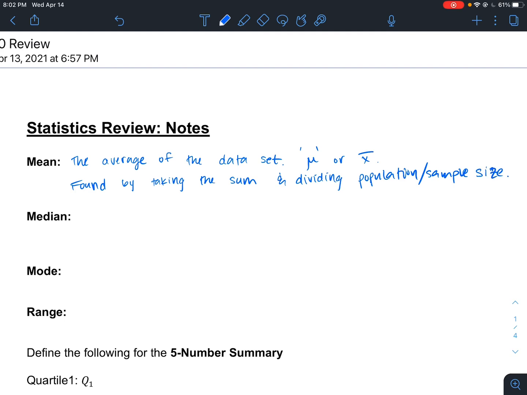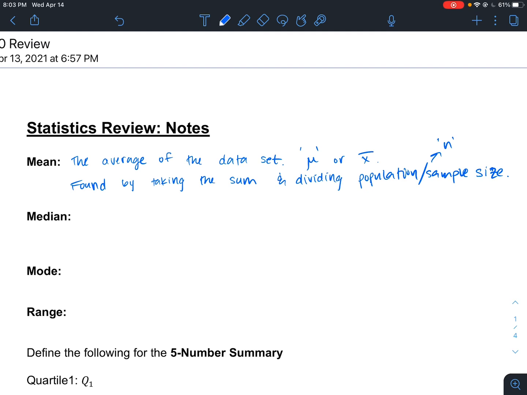We usually denote population and sample size with n, big N or little n, depending on which one we're talking about. This is basically just the number of how much we have. So if you wanted to find the average of the test scores in a class, you add up all the test scores and then divide by the number of people who took the test. That would give you the average, or mean.